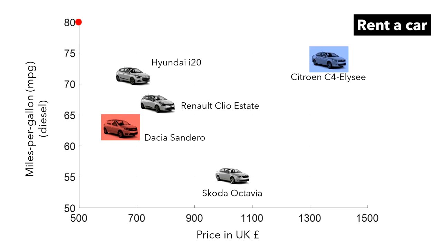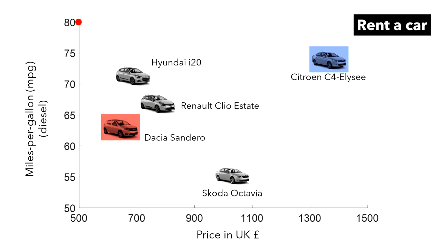So is Renault a non-dominated alternative? No, it is not, because I can find another alternative, the Hyundai, which is better than the Renault on both criteria. And it is enough to find one alternative that is better on both criteria to declare that Renault is not in my set of non-dominated alternatives.